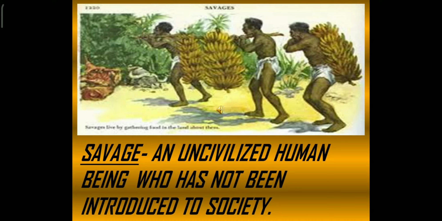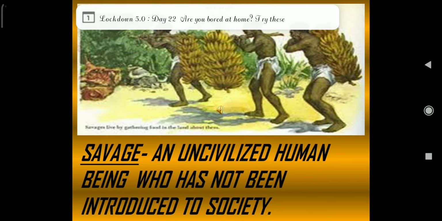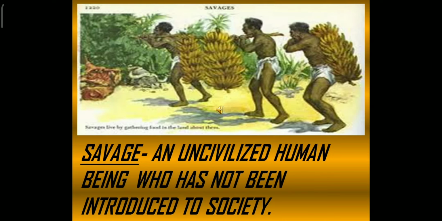This is why they are called savages. And though you are very young to understand this, the word savage is not used in a very positive way. But a person who has not been introduced to society, that is not his fault, right? The fact that you are born to a certain kind of parents is not your merit and is not your demerit.